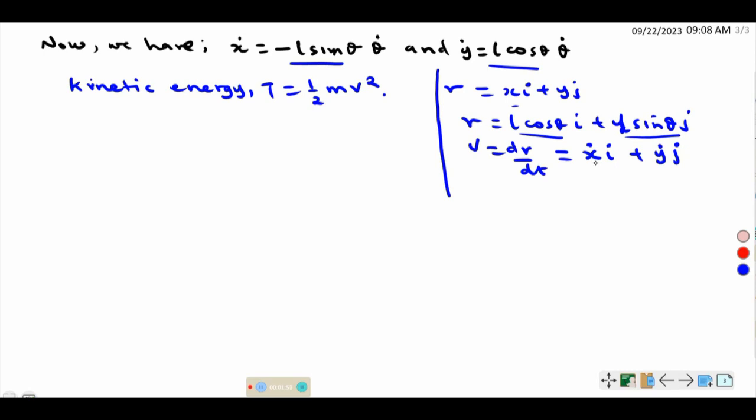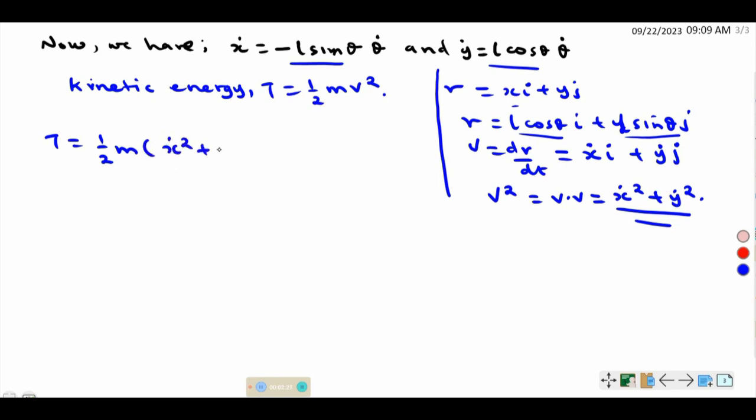We have seen how we get x dot and y dot when we differentiate x with respect to t and y with respect to t. Now from here, v squared is the same as v dot v, which is actually the same as x dot squared plus y dot squared. So I will simply use this expression here and say that T is the same as a half mv squared, which is x dot squared plus y dot squared. So that will be our T.